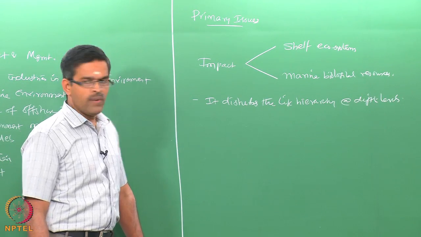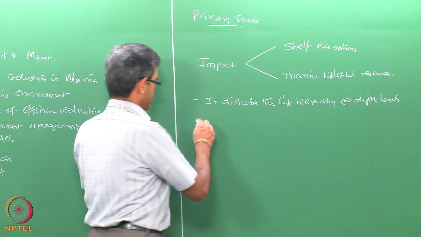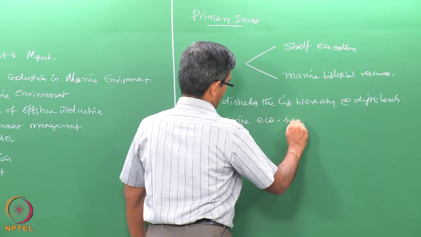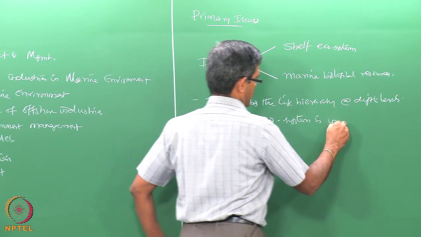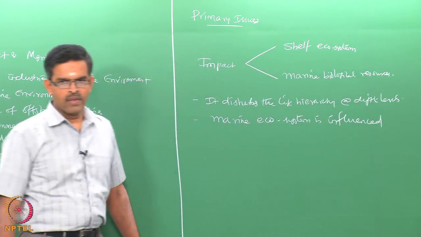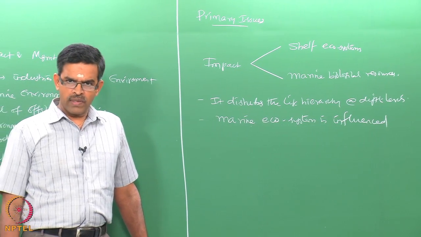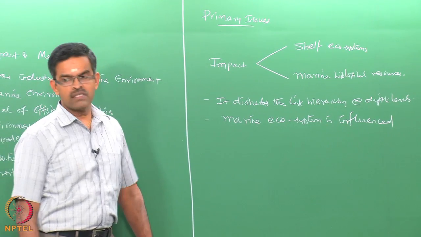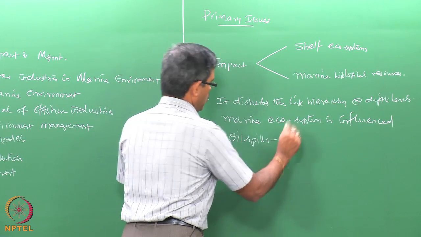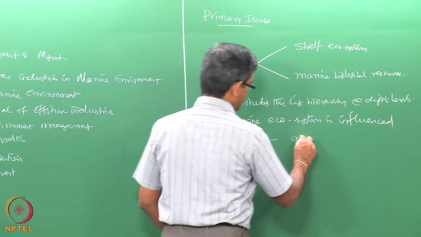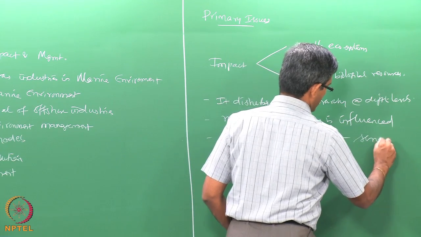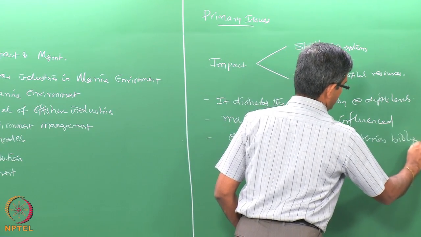It significantly influences the marine ecosystem. The biological consequences which arise from accidental oil spills. So, oil spills, though they occur because of accidents, result in serious biological consequences.